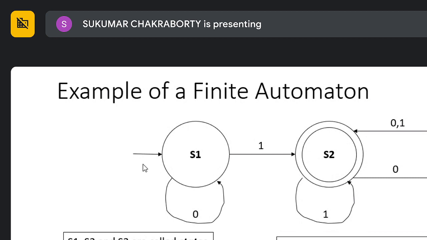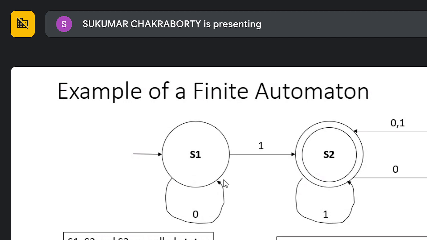You can see that there are two symbols. One is an arrow which is coming from nowhere into S1. This implies that S1 is the start state and the initial input is given to S1. And this concentric circle signifies that this is a final state. So in this machine, S2 is a final state and S1 is the start state.